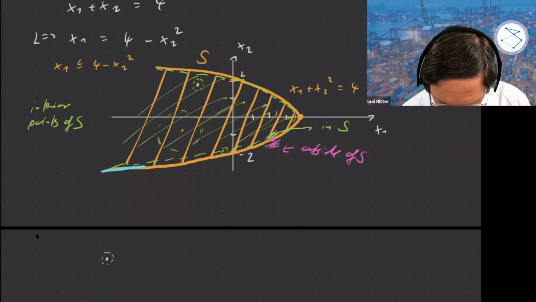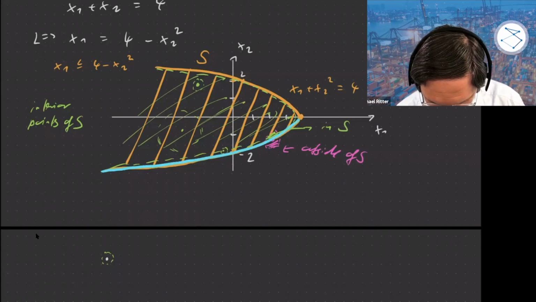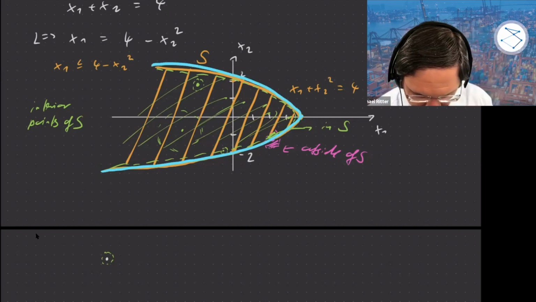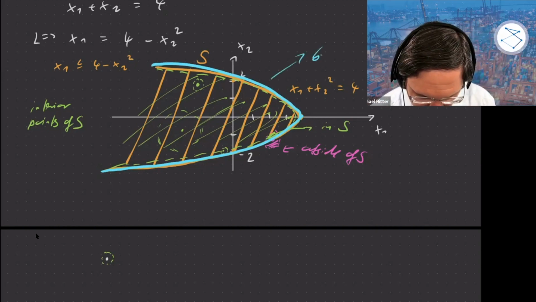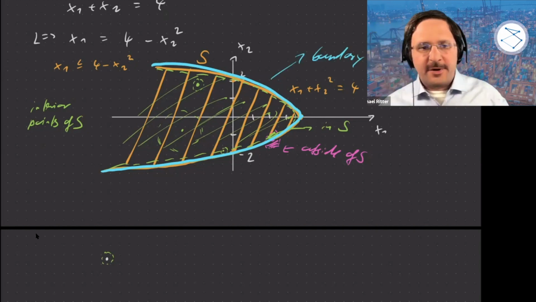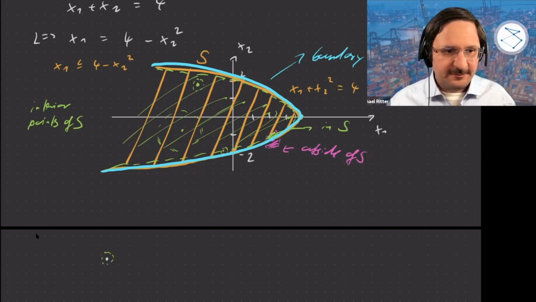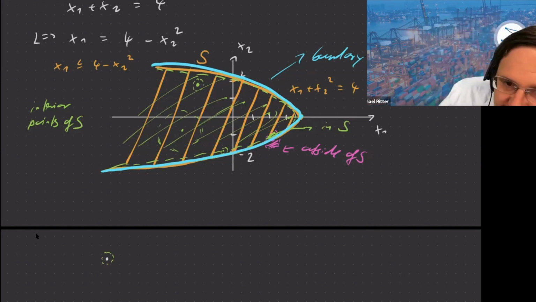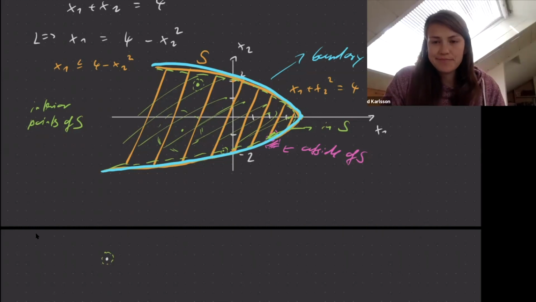I haven't used blue yet. Those are the boundary points here. Okay, so that's the boundary of our set S. Okay, before we move on, any questions already? No. Good.